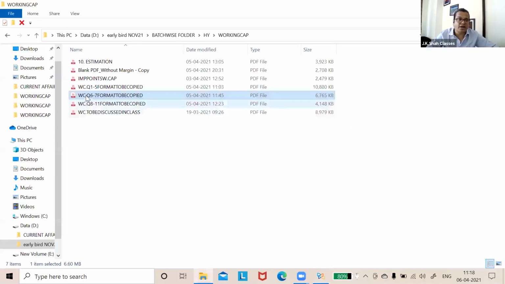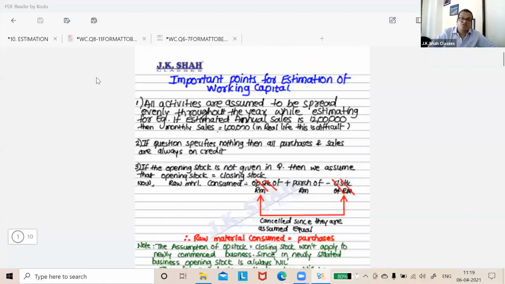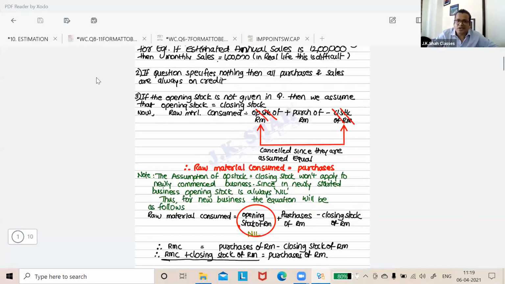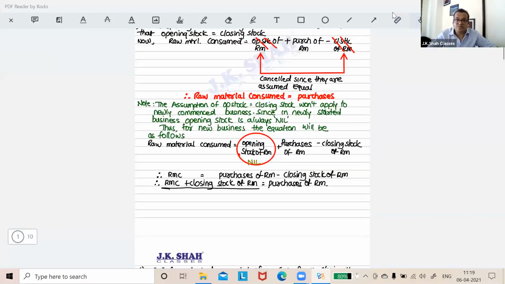So please, if you have attended the previous question, then you should be knowing that. Important points I have discussed with you, and I keep discussing because you people keep forgetting. I don't know whether you take time to read it at home or not. But the assumption of opening stock equals closing stock won't apply to newly commenced business. So in such a case, when we calculate creditors, I always ask in every question: creditors depend upon what?